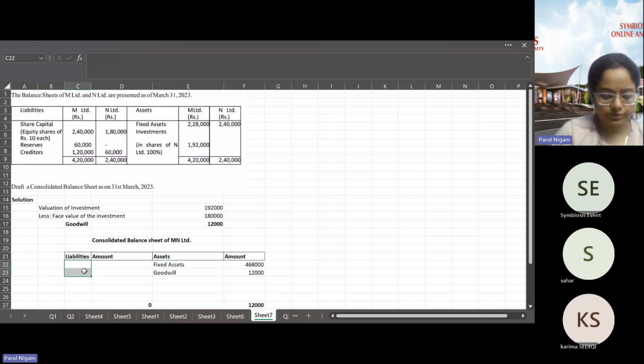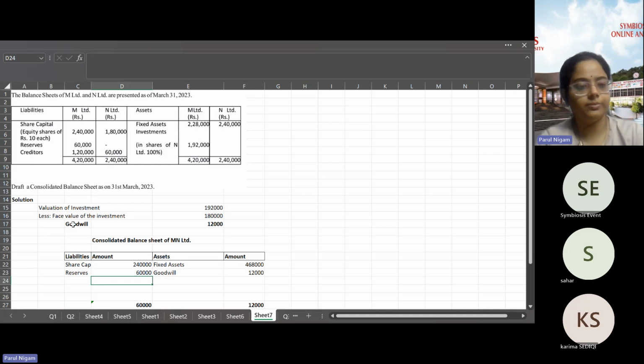Okay. So we have share capital of 2,40,000. Then we have reserves. Those reserves are how much? 60,000. Because if you see the investments, if you write 1,80,000 on the asset side and then you write 1,92,000 on the liability side, so 1,80,000 automatically kind of knocks off.